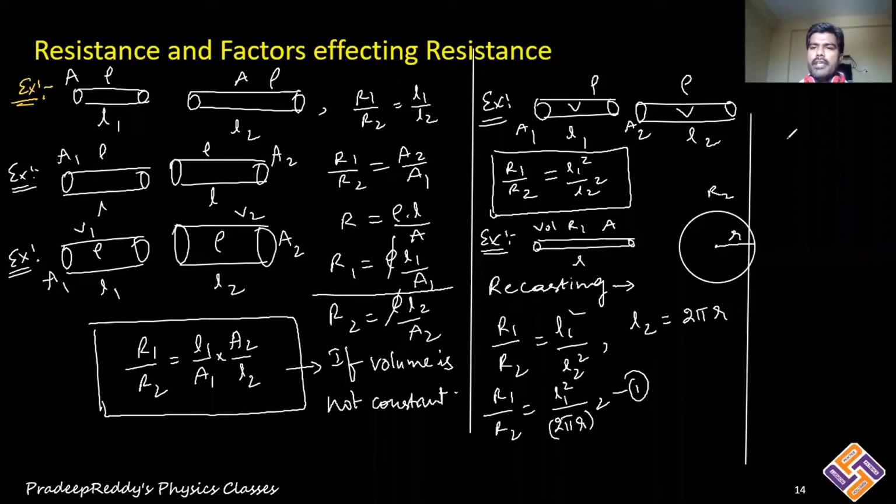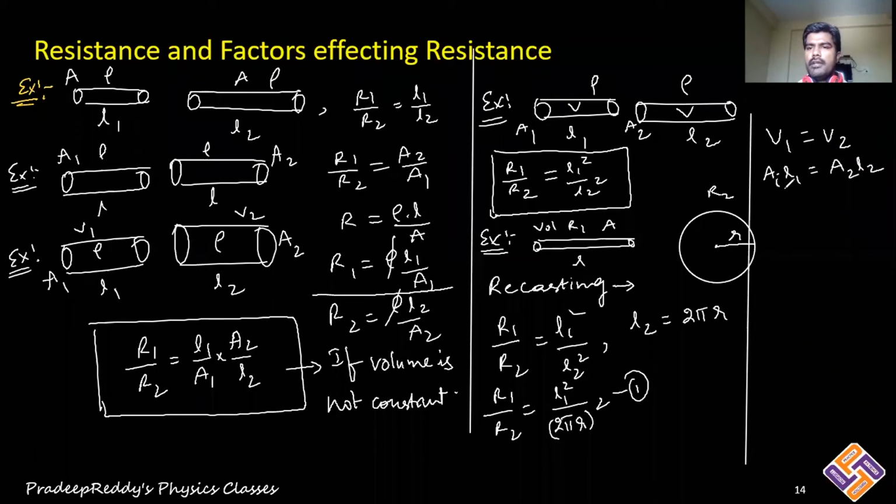I'll take V1 is equal to V2. The volume of the first conductor and the volume of the second conductor are the same. Volume is area of cross section into length, that is A1 L1 is equal to A2 L2.